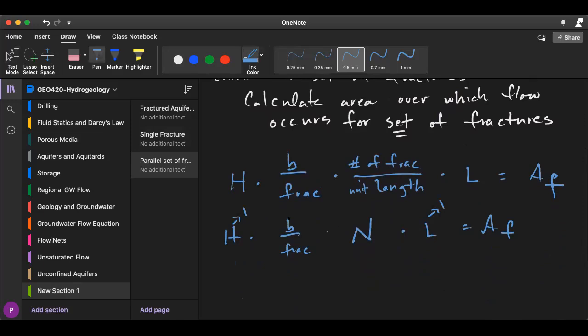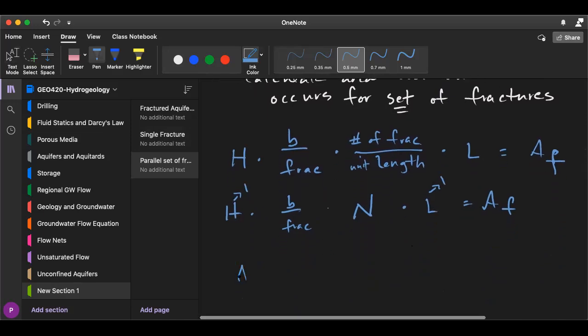Then this is the aperture, and this would be the number of fractures per meter times a meter. And I would end up with the area of my fracture network is equal to B times N.